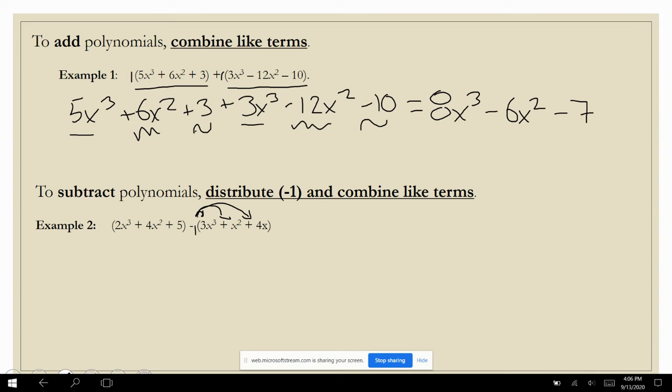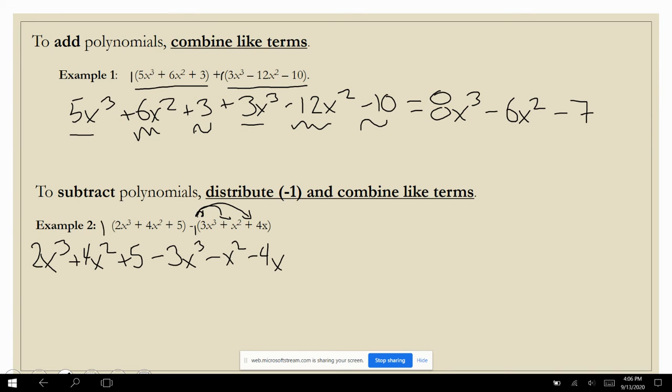So for the first quantity, remember there's just a positive 1, so we can just rewrite this as 2x cubed plus 4x squared plus 5. But then we need to distribute the negative 1 when we're subtracting that whole polynomial. So we get minus 3x cubed minus x squared minus 4x.